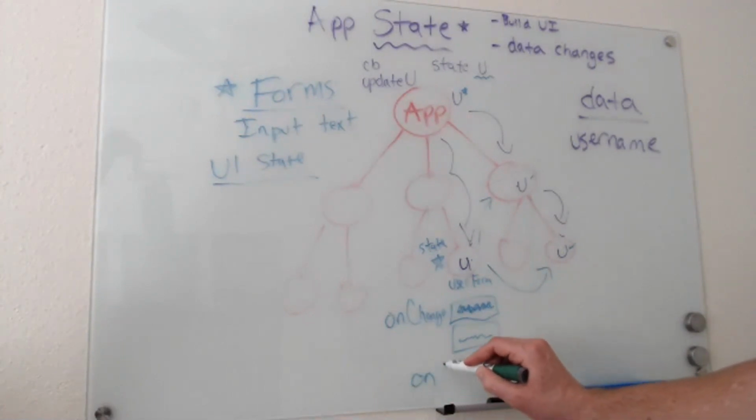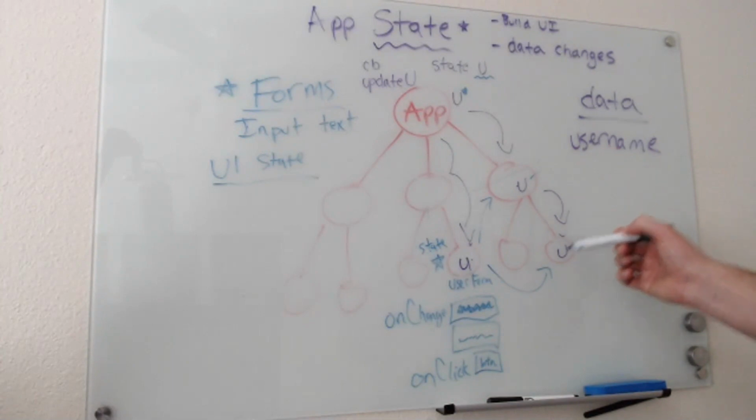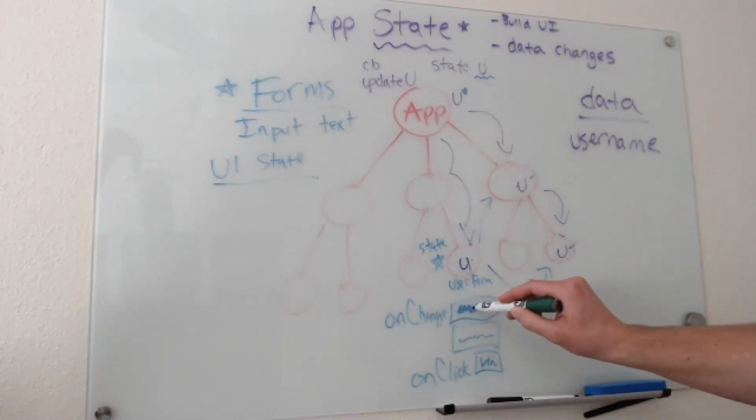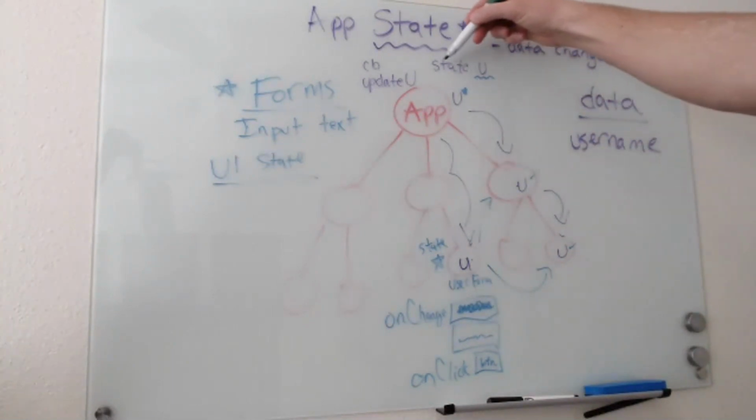So what are we going to invoke in this onClick handler to make sure that the text that we have in state here updates our username state up here?